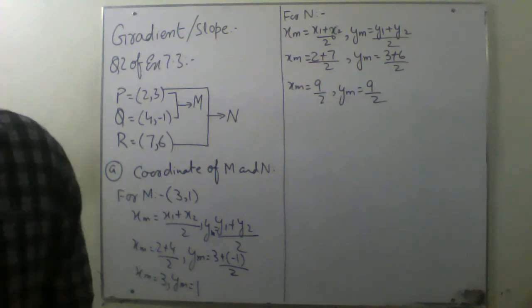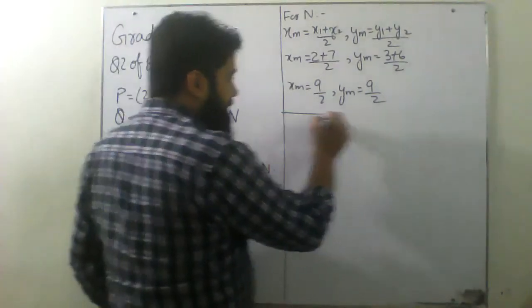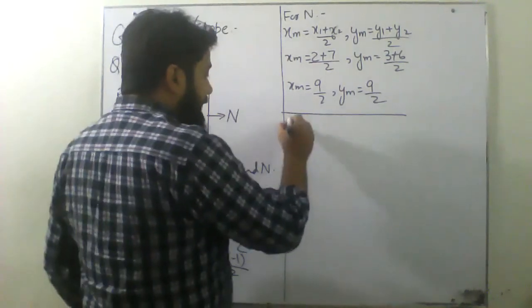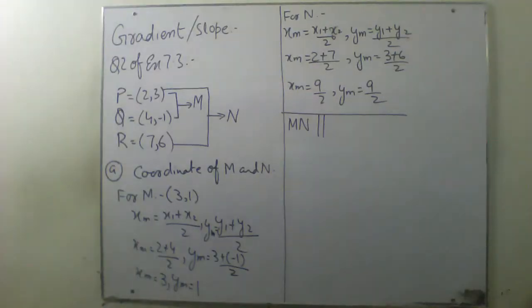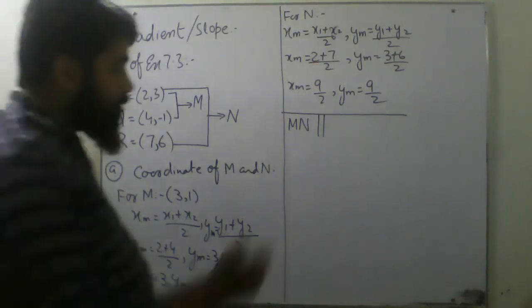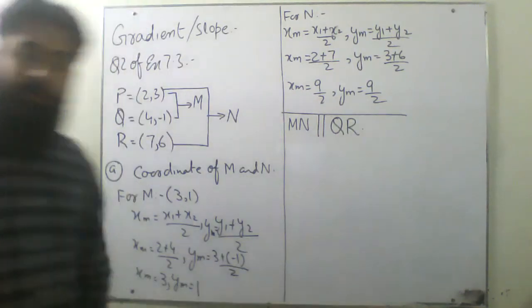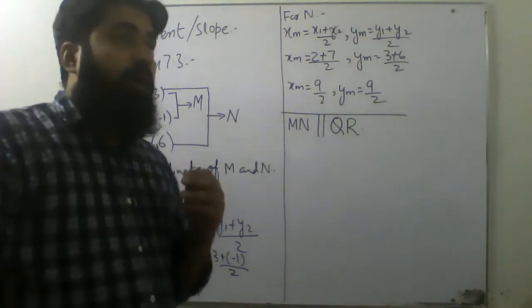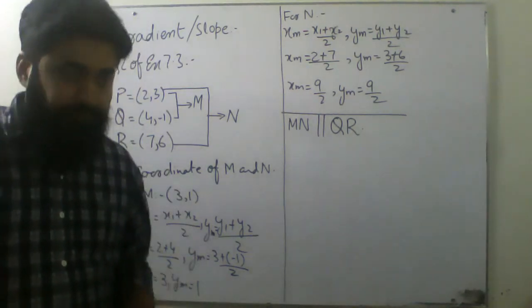Now, the next part is they are saying show that the line MN is parallel to QR. How will I find out if two lines are parallel or not?